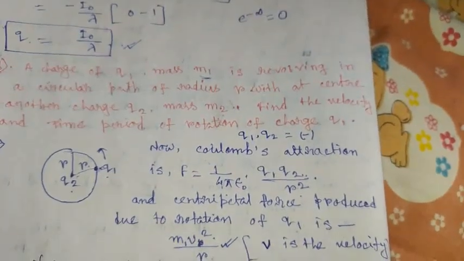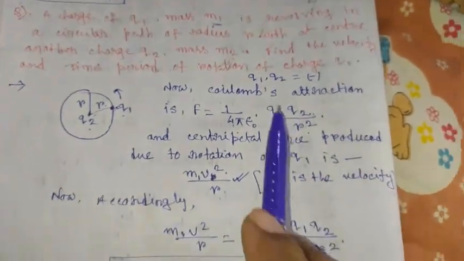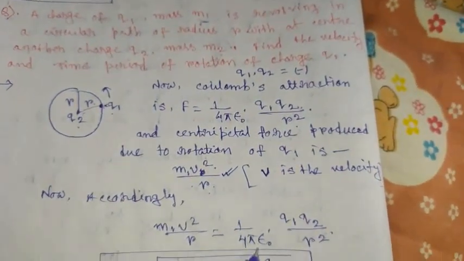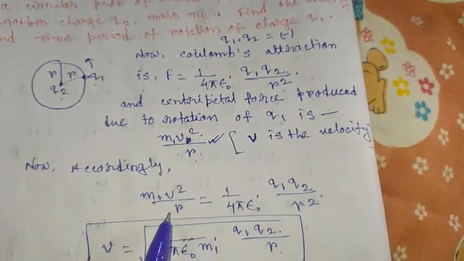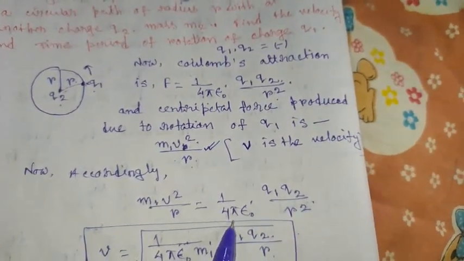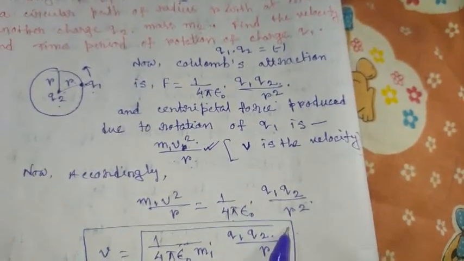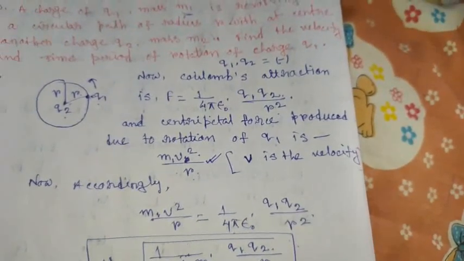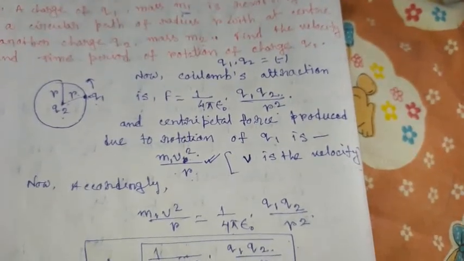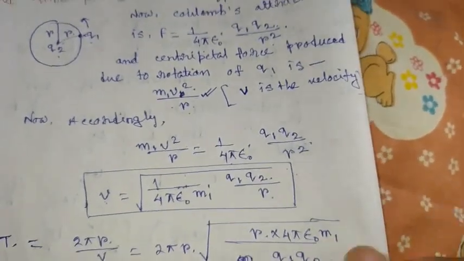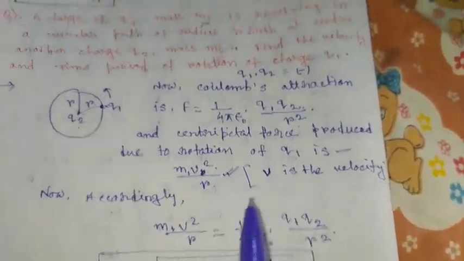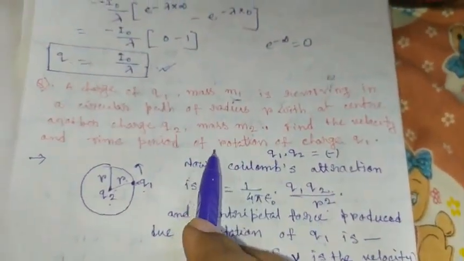For the stable condition, these two forces are equal. So equating them, m1 v square by r equals 1 by 4 pi epsilon naught Q1 Q2 by r square. That gives the velocity v equals the square root of 1 by 4 pi epsilon naught m1, Q1 Q2 by r. Okay, now one question is left.